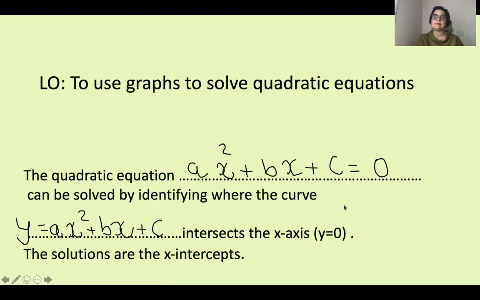So it's basically for what values of x the y is 0. And the solutions are going to be the x-intercepts. So let's have a look at one example.